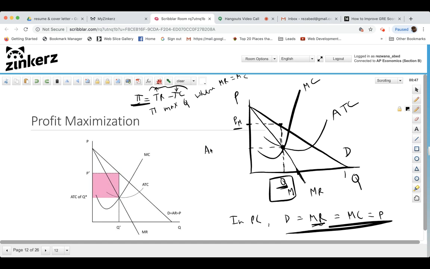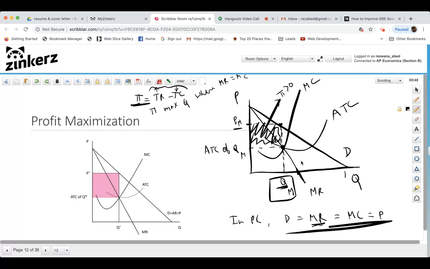So this is ATC of QM. So then the difference, P minus ATC, times QM, that's my profit. Okay, so profit greater than zero. Positive economic profit.